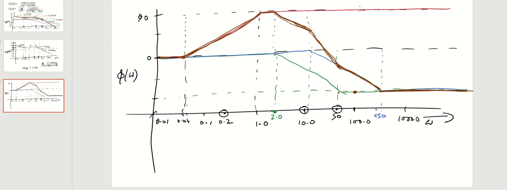So I'll just call this minus 180 degrees, I'll just call this minus 90 degrees, and I'll just call this one 0 degrees. Yeah, and we are done. So this is the phase plot. So I just wanted to clarify.